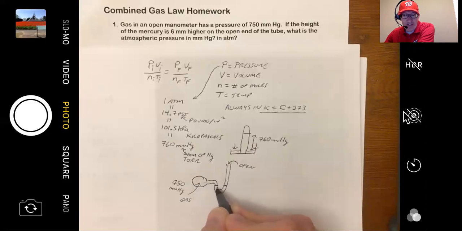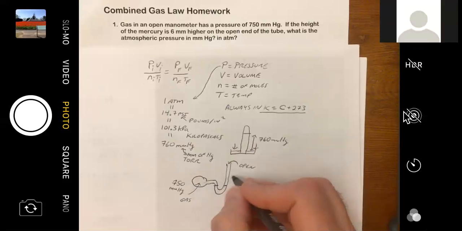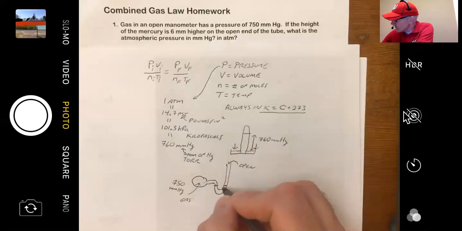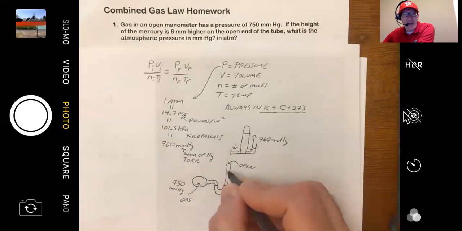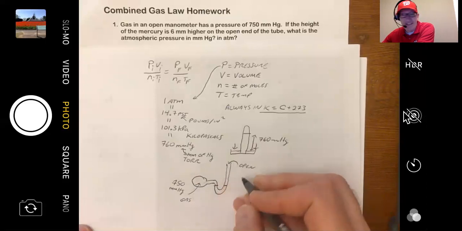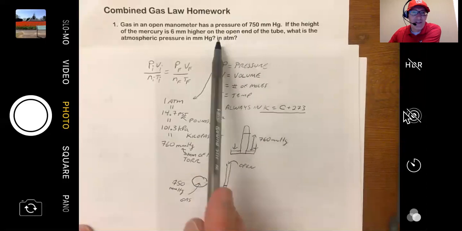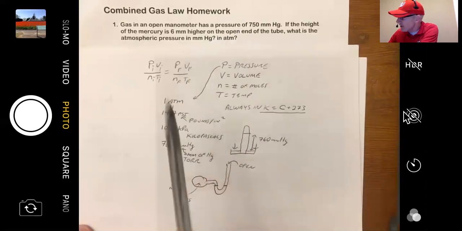It's the same. So if this were the case, the atmospheric pressure would be 750, but it's not saying that. It's saying that the height is 6 millimeters higher in the open end of the tube.